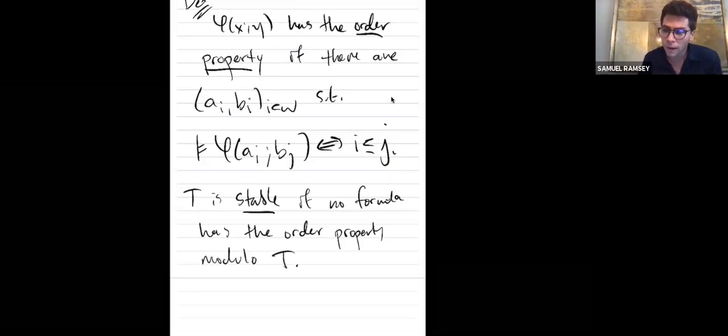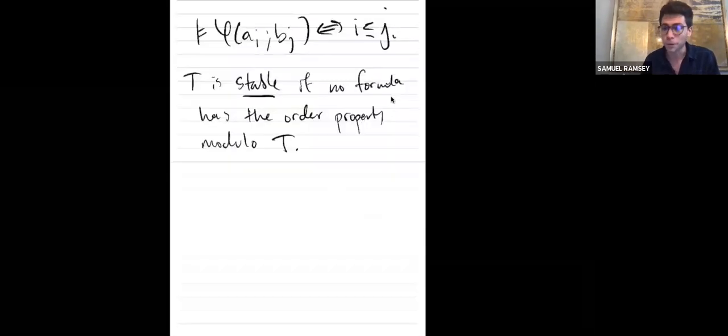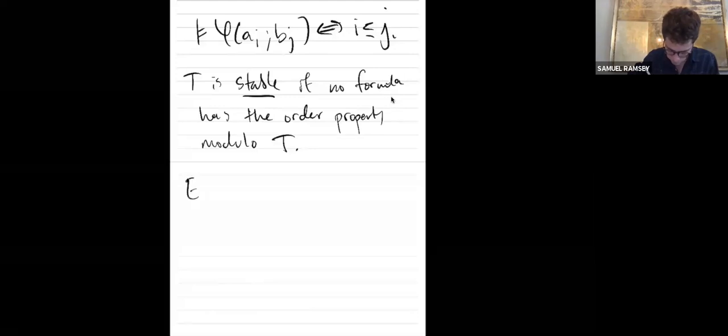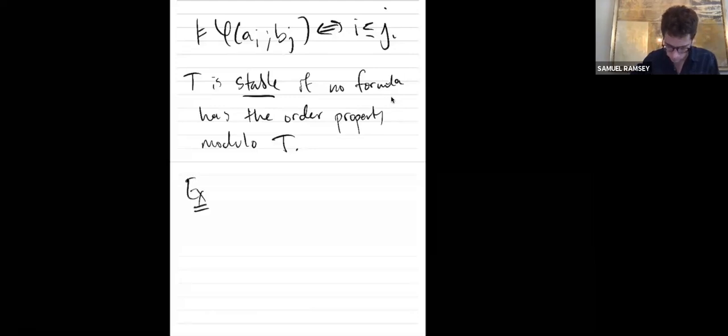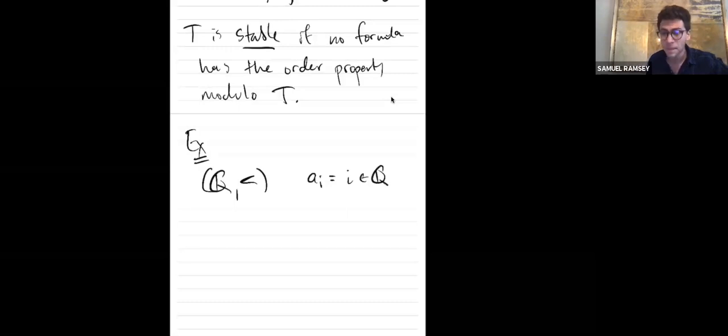Okay, so the best place to start with this is just with an example. The easiest example that you can think of is, of course, anything with an order around. So let's do, say, the rational numbers. Our first example will just be the rational numbers with less than, and our sequence can be a_i equals i, which is, of course, a rational number for all i in the natural numbers.